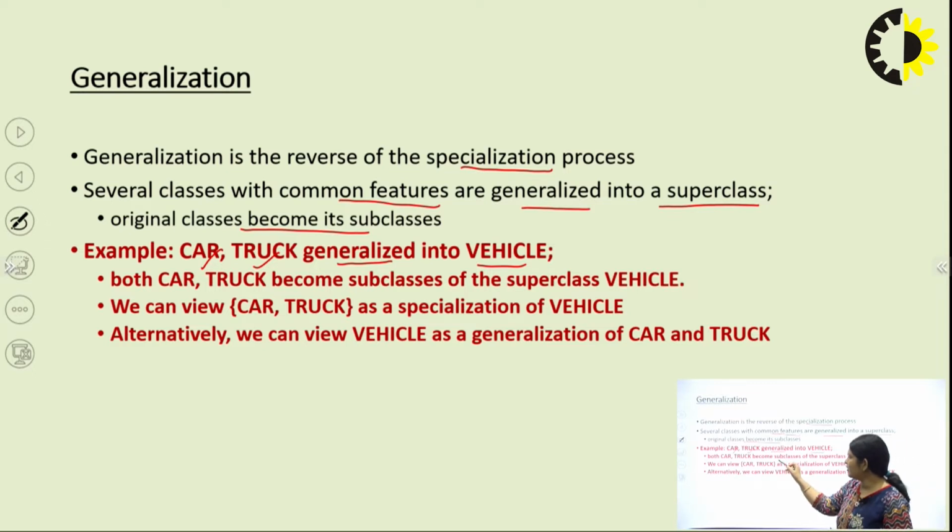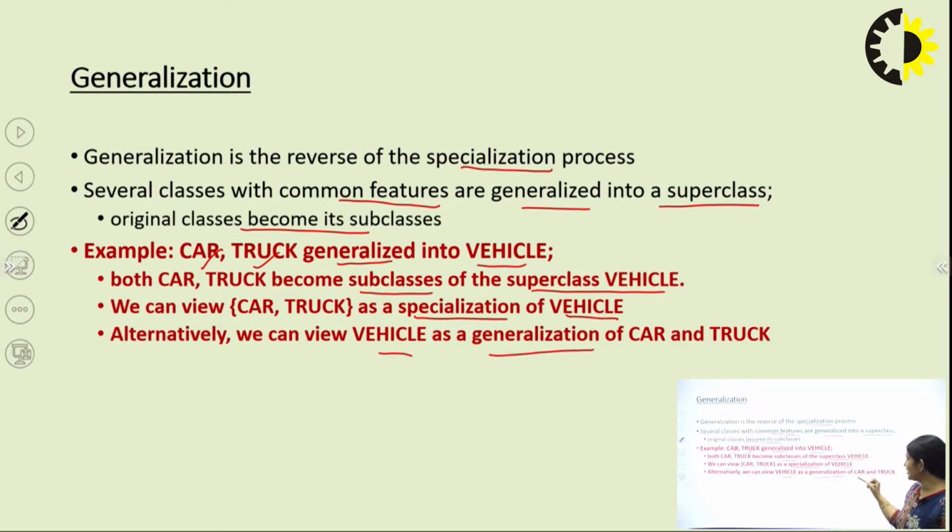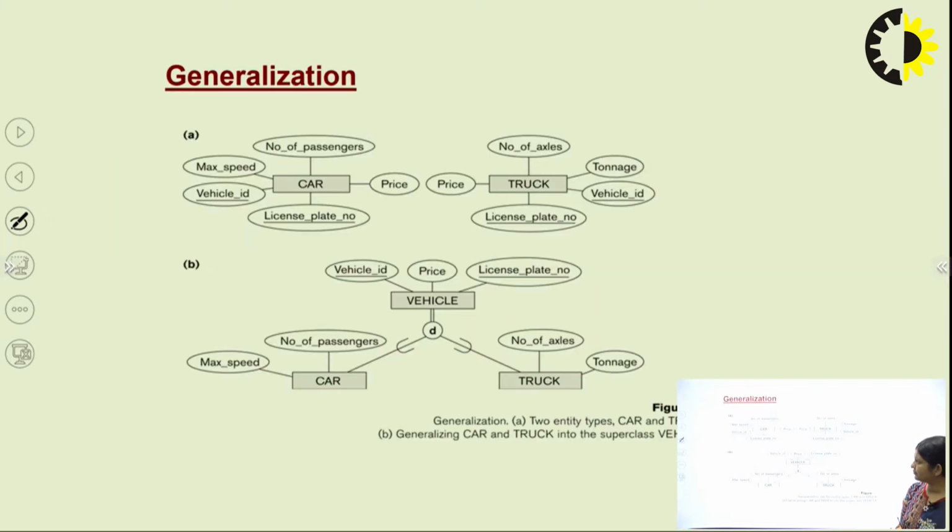Both car and truck become subclasses of the superclass vehicle. We can view car and truck as a specialization of vehicle, and in the reversal, car and truck are generalized into vehicle. Alternatively, we can view vehicle as a generalization of car and truck.